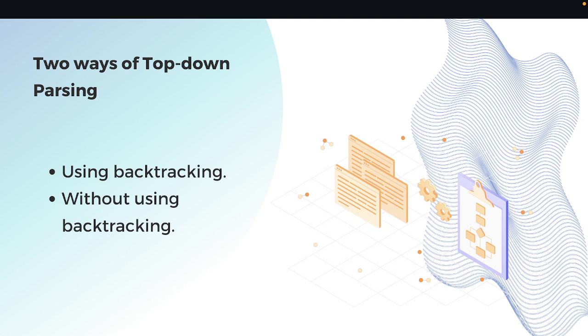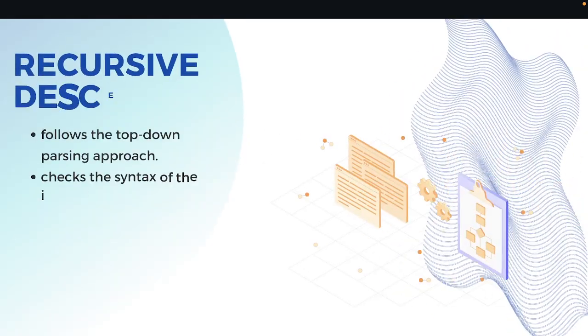The top-down parser in NLP also requires that the grammar is free from ambiguity and left recursion. There are two ways of top-down parsing: using the backtracking method and without using the backtracking method.